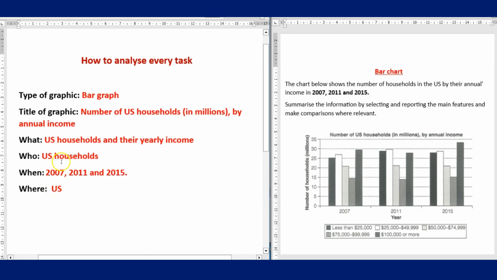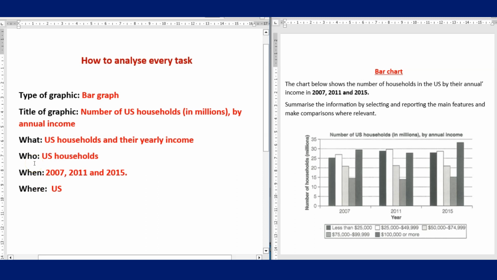So let's try to look through. You find how simple the thing is. We know that this graph is a bar graph, which has a title showing the number of US households in millions. Okay, so we have the households in millions by annual income, and we know that the question is about the US households, which have been categorized per their annual income.